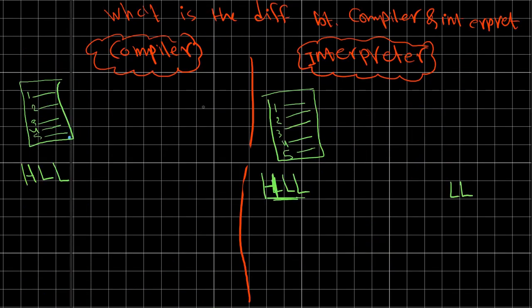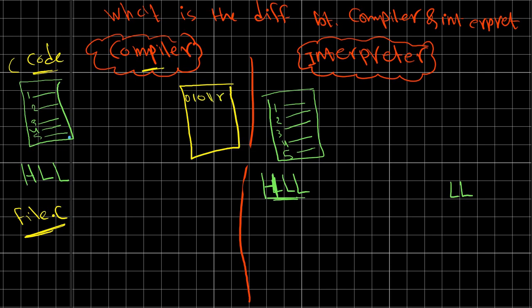So I have here in the compiler, let's say this is a C code, file.c. This is a code consisting of printf and hash include, all in the C language. I want to transform this file to a low level language code that the machine can understand, which consists of 0s and 1s.